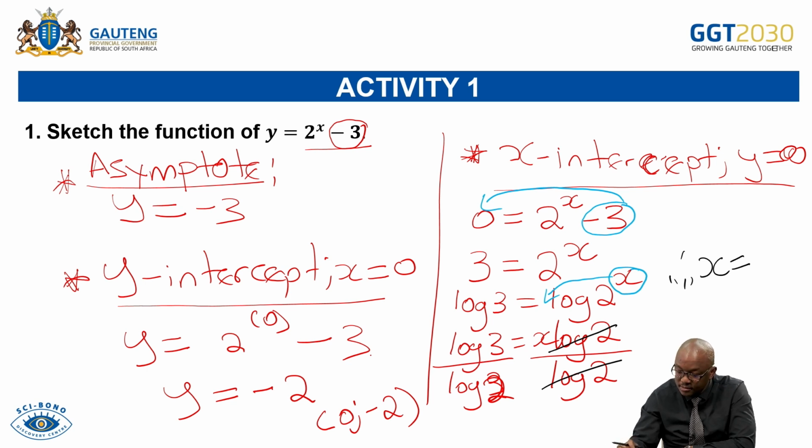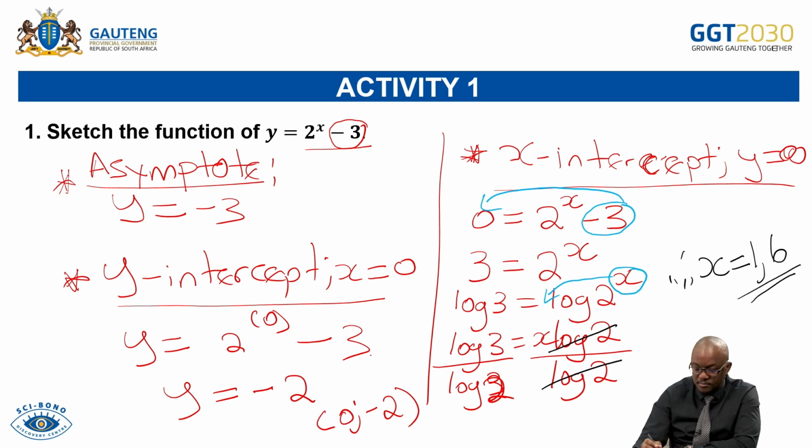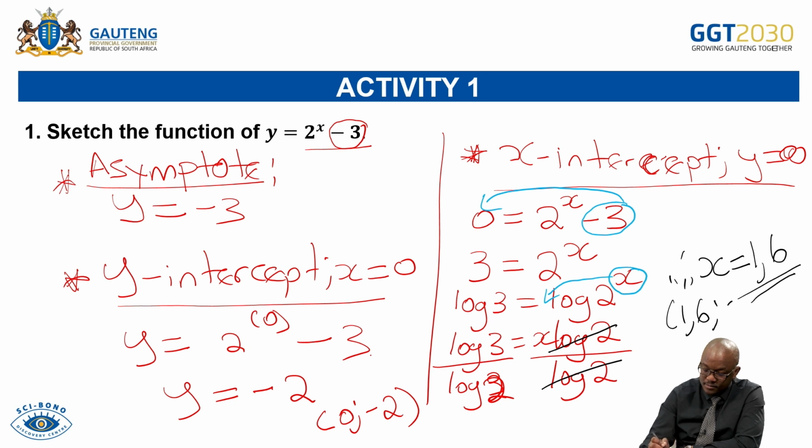Then you have your answer there as 1.6. So now it means you have 1.6 and 0 as your point there.